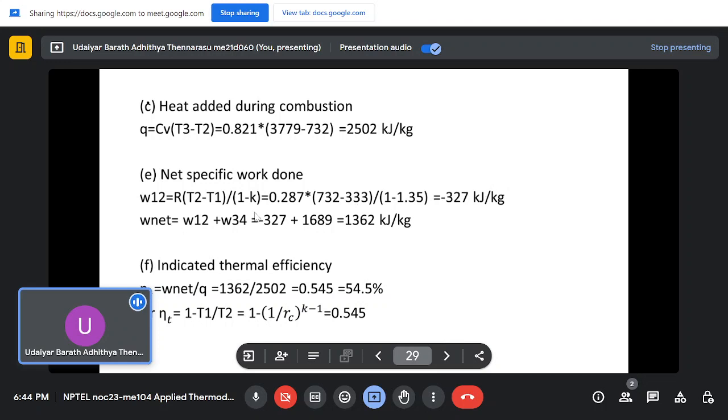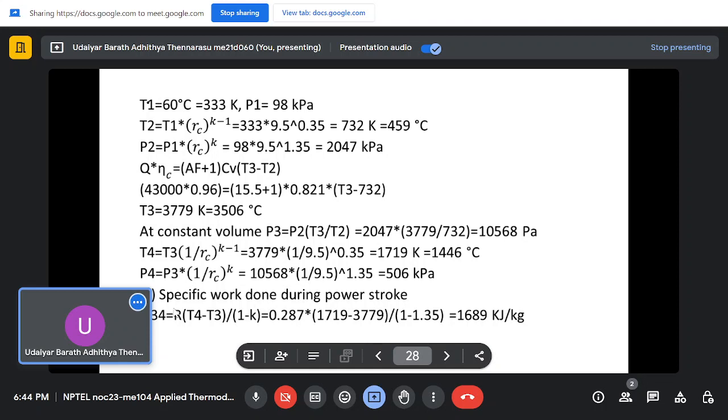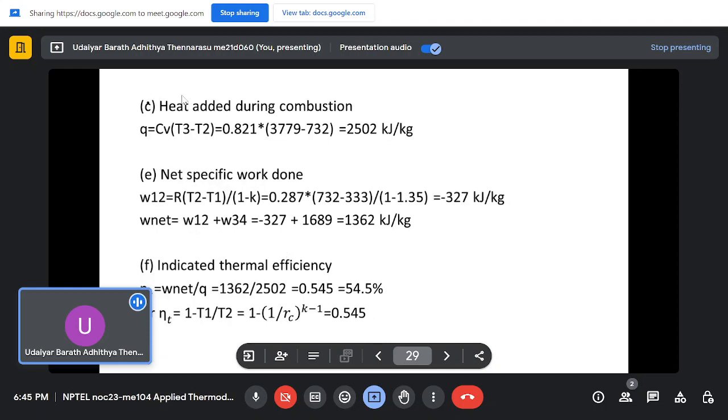So total net work done is what is done in the power stroke plus what is done in the compression process. So W12 plus W34 is minus 327 plus 1689. So net work is 1362 kilojoule per kg.